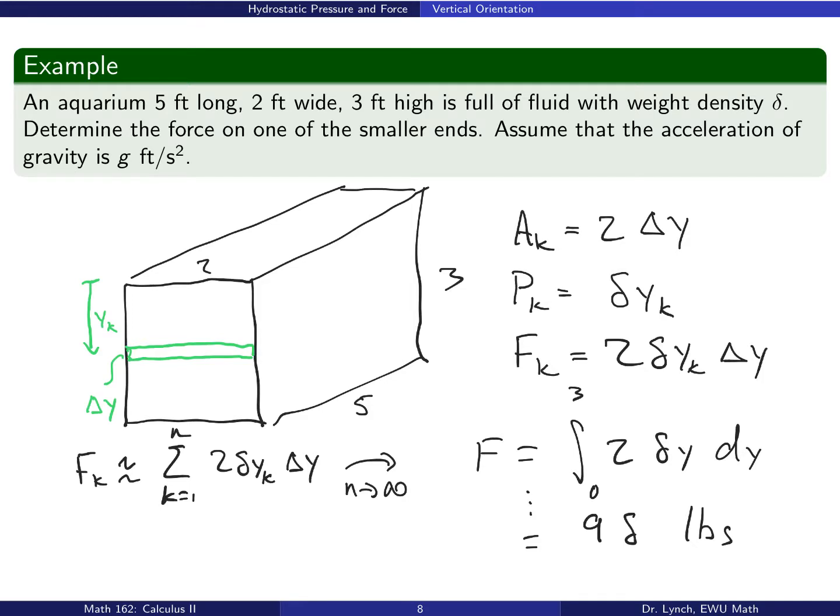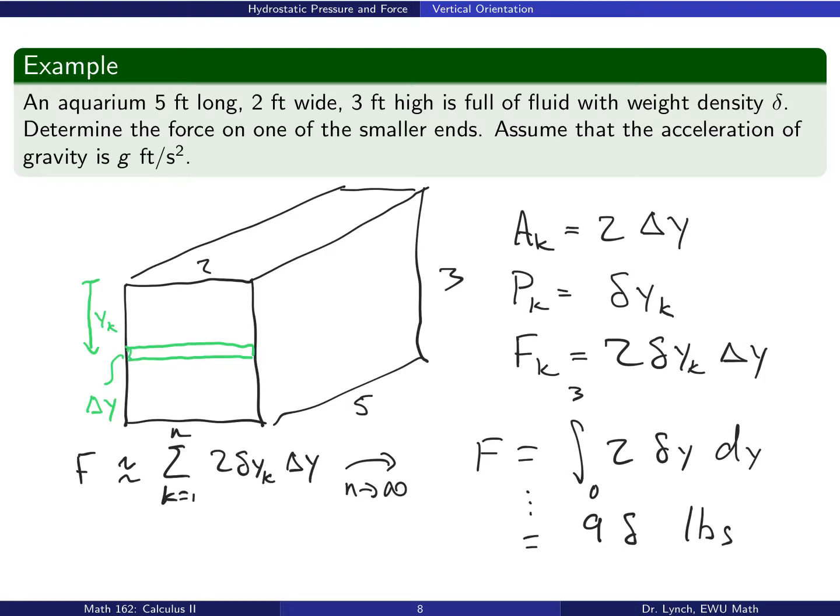So here's an approximation of that force. The force F, not F sub k, the force F is approximated by the sum of all of these F sub k's from 1 to n. Of course, as n goes to infinity, that approximation becomes exact.